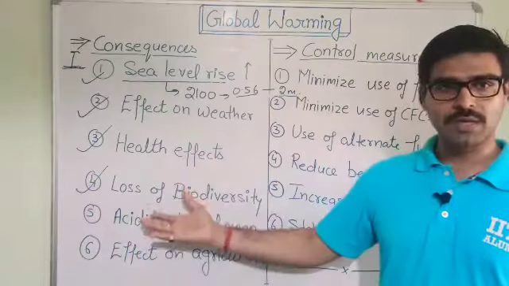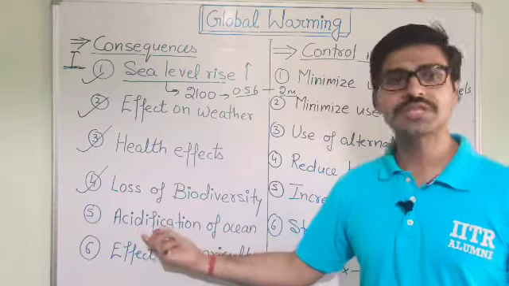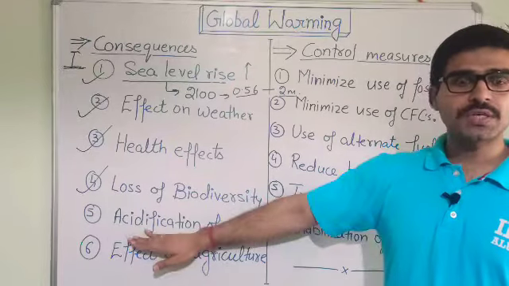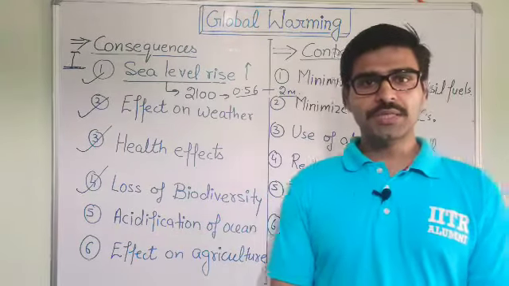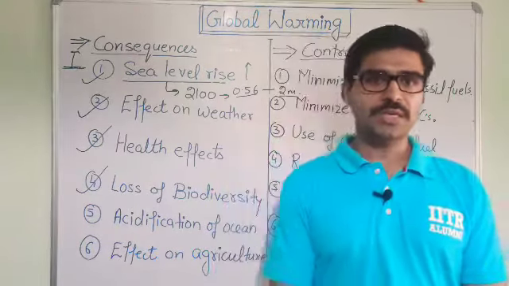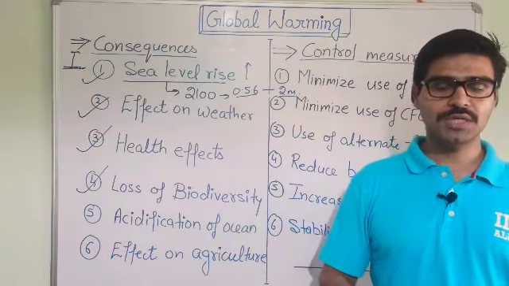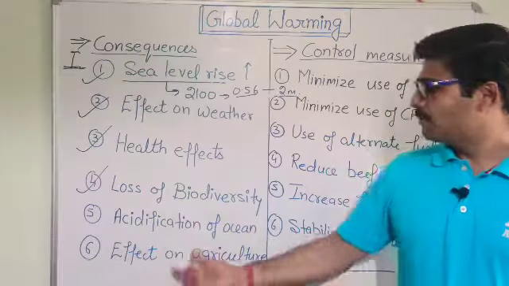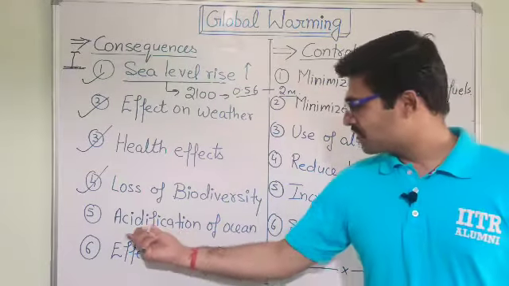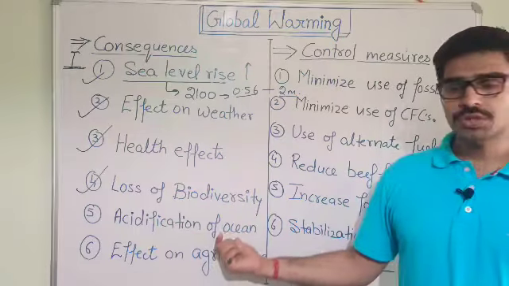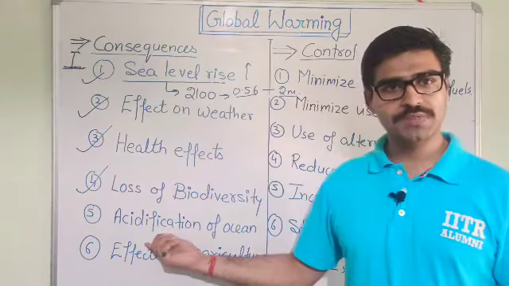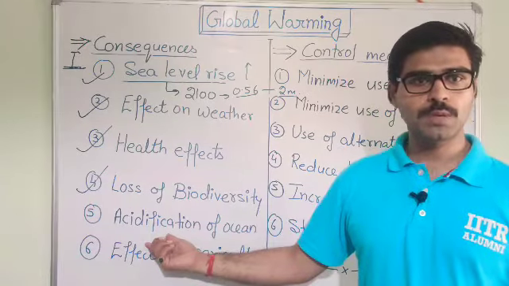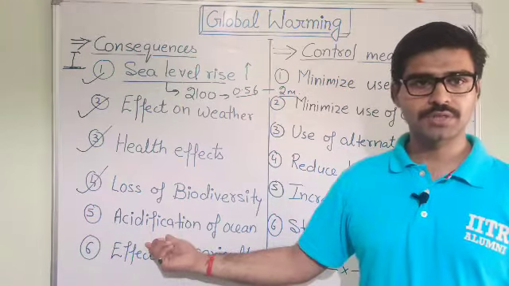Now how does global warming lead to acidification? Try to understand this. This acidification is due to the increase in the carbon dioxide level in the atmosphere. The more the increase in carbon dioxide level, the more the global warming, and the more the acidification of the oceans, because the carbon dioxide present in the atmosphere dissolves in ocean water through the process of diffusion.